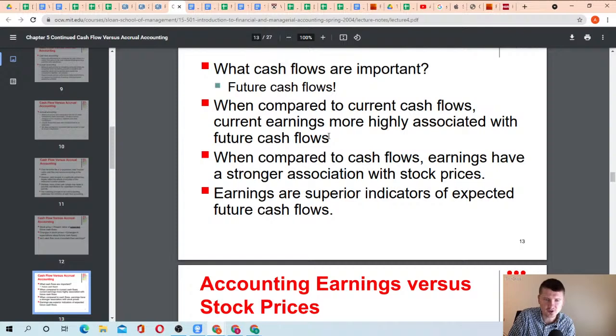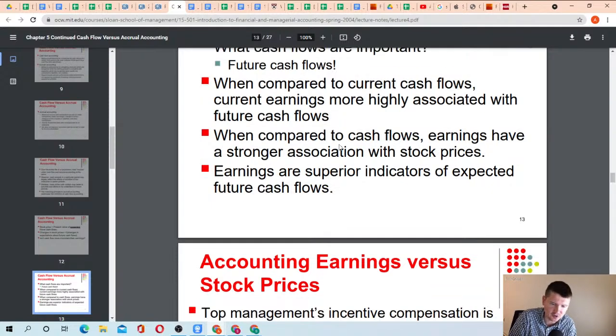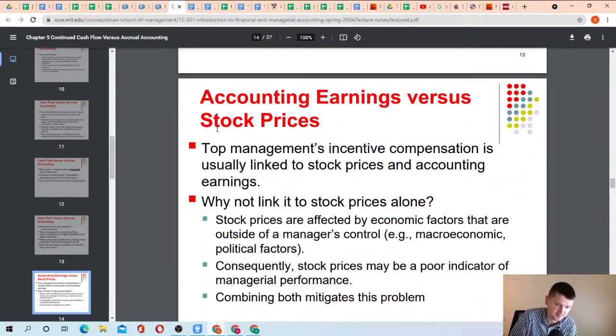So if you expect that your future cash flows will deteriorate significantly, your current earnings might already reflect that in the form of goodwill impairment, intangible assets impairment, PP&E impairment, accounts receivable impairment. If you expect bad cash inflows, it will already be reflected in your earnings.